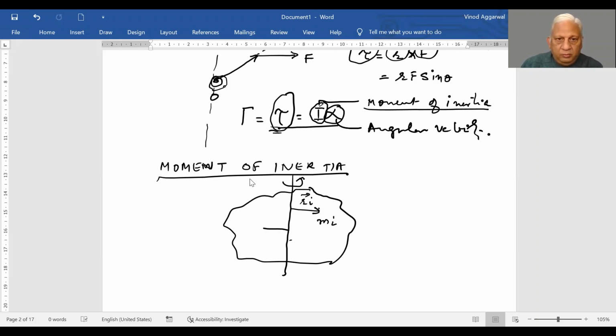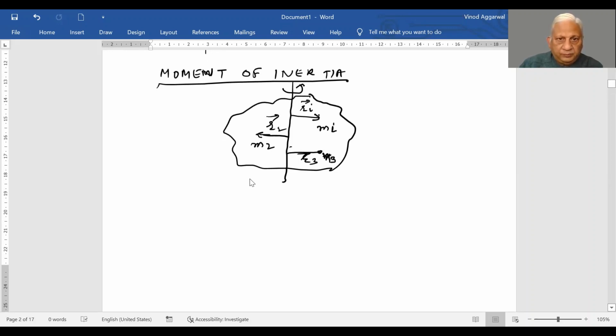Similarly, this may be M2 at a distance of, let us say, R2. There may be a third particle at a distance of R3 from the axis of rotation, with mass M3.